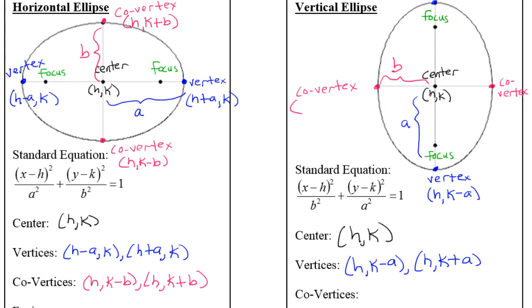Starting from the x value of the center, which is h, the x value of this co-vertex should be h minus b. The y value should match the k. And for this co-vertex, the x value should be h plus b, and the y value should be k, same as the center.